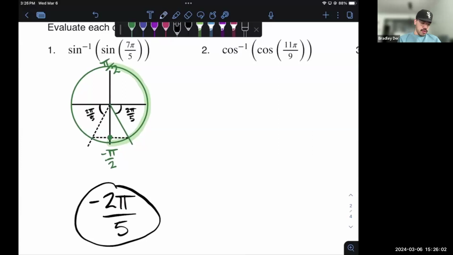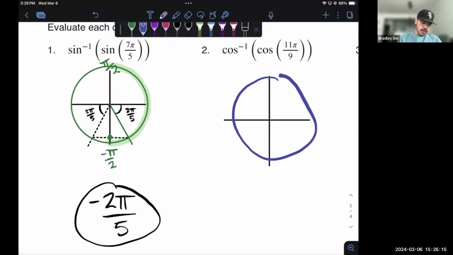All right, let's do another one of those. Inverse cosine of cosine of 11 pi over 9.